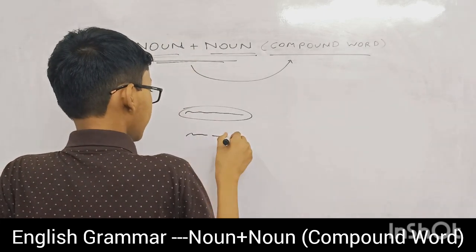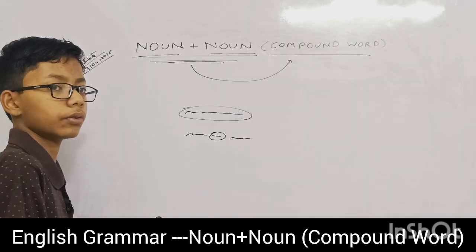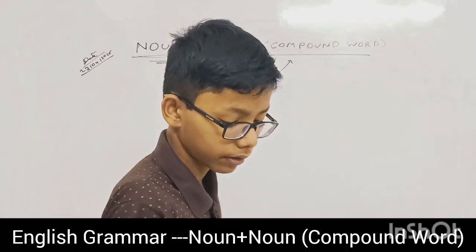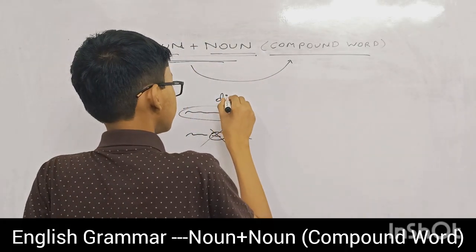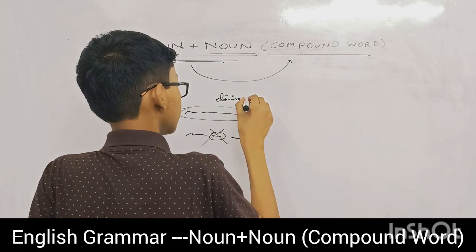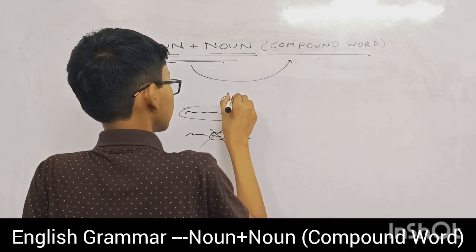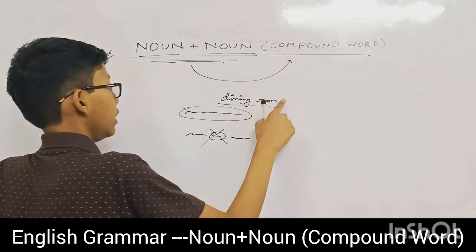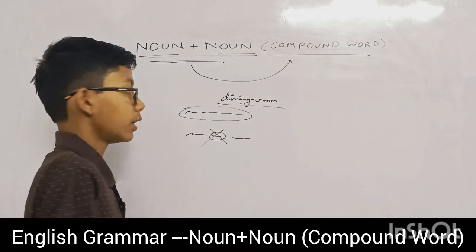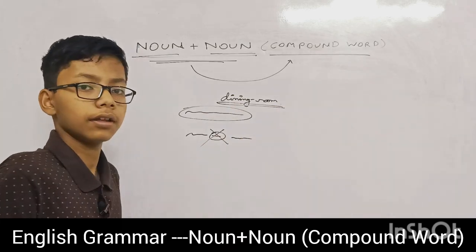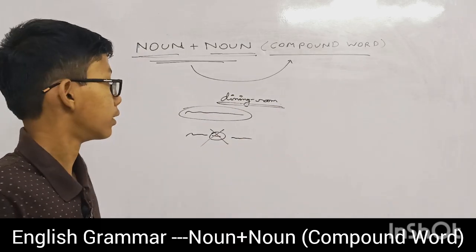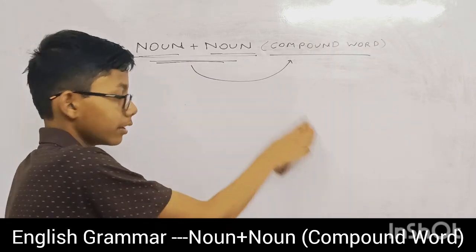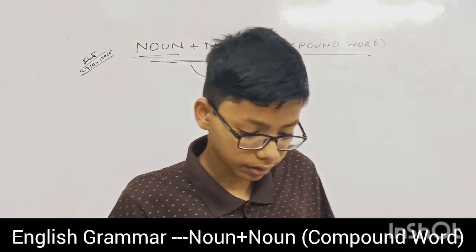Now, you can put a hyphen between the two words, but this is not really necessary, but still you can write it, like dining-room. So you can put a hyphen between the two words, but it's not really necessary, so it's usually not used. Dining room, you can write it like this, but you don't have to do this, and it's not even recommended either.